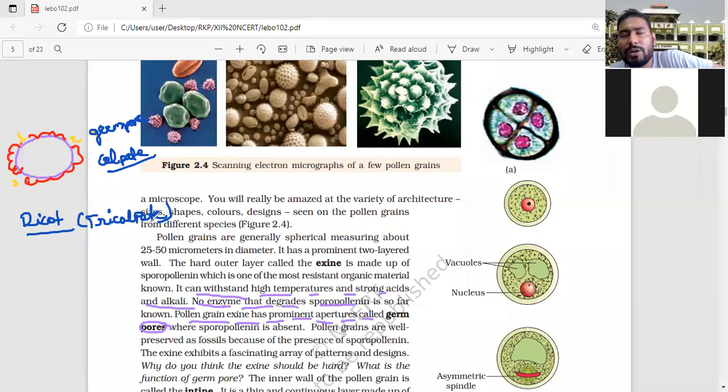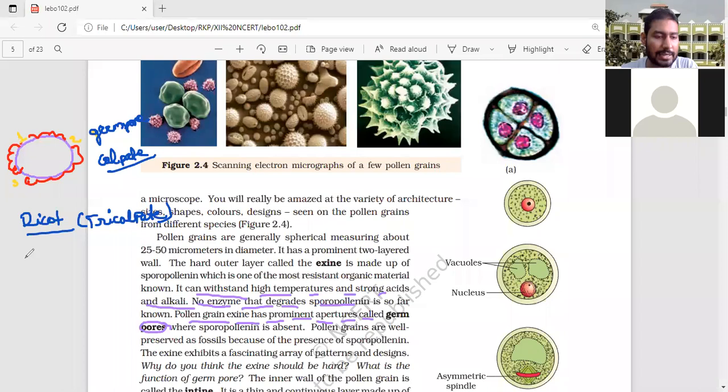Just try to understand what I'm saying. If a dicot pollen grain is there, how many germpores does it have? 3 germpores. That's why it is called tricolpate, the type of pollen grain which has 3 germpores.